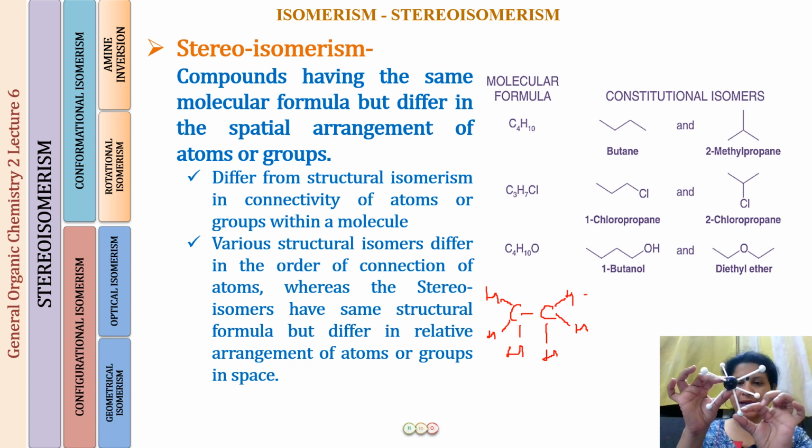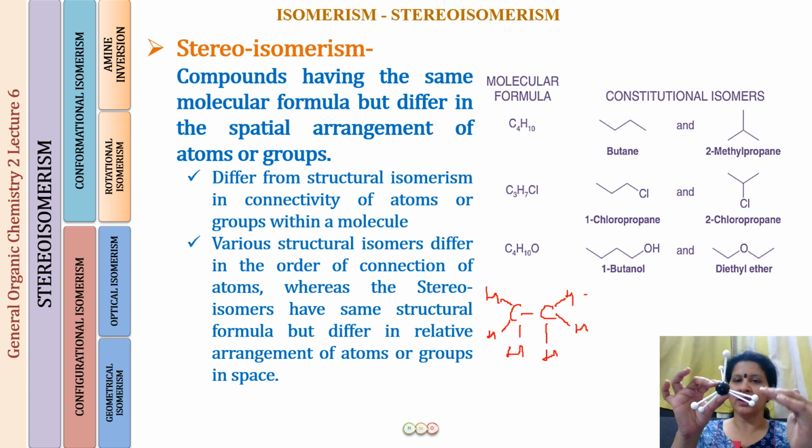Now if you look at this way, can you see that I can vary the position of these? What I'm doing is I'm holding one carbon, okay, and I am rotating the bond so that the position of the hydrogens relative to each other is differing. In this position, you can see almost that one carbon is behind the other, one hydrogen is behind the other. But the moment I rotate it, now you can see all the 6 hydrogens very clearly, right?